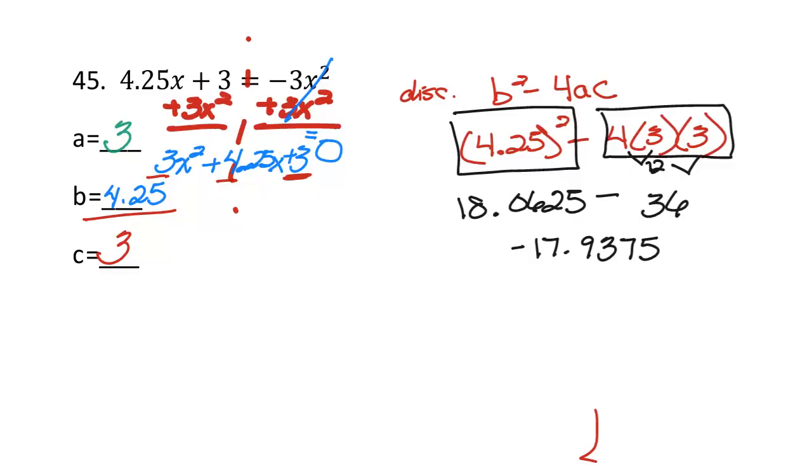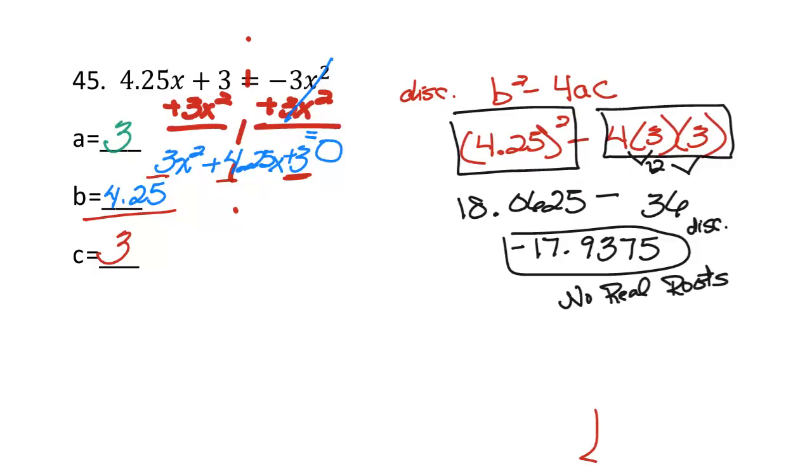My discriminant is a negative number. How many roots am I going to have if my discriminant has a negative number? 0. Yes. 0 real roots. No real roots. Okay, this is your discriminant. And when it is negative, that means no real roots.